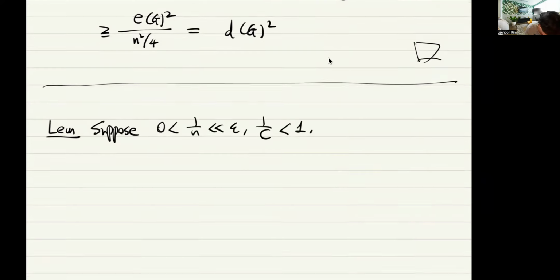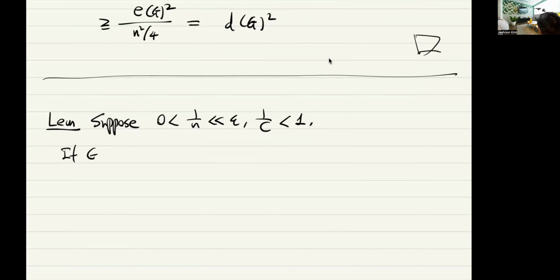So let's say you have this graph G, and assume n is large, and epsilon and C are given. Technically, this 1 over C does not have to be smaller than 1.